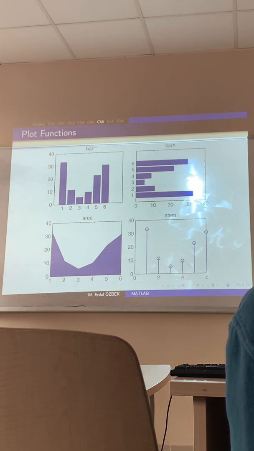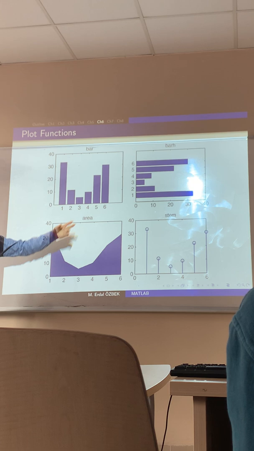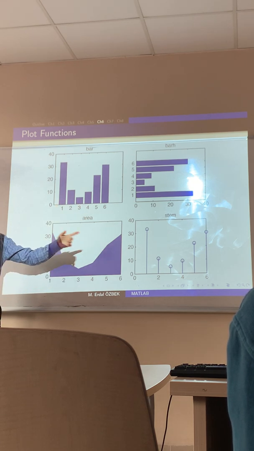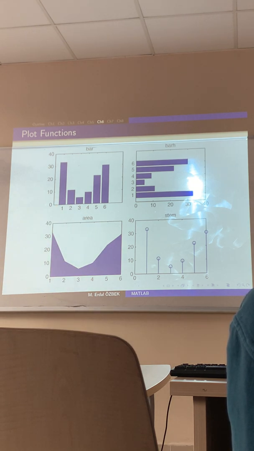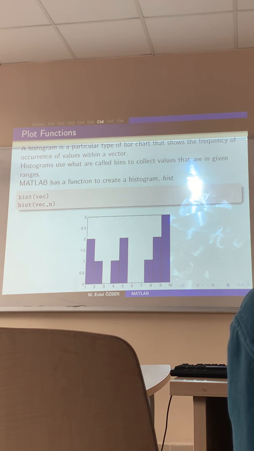So I have a 2 by 2 subplot, and each can be plotted as a different function. Bar, horizontal bar, area or stem functions can be plotted. So we have the histogram as well. How do you create a histogram? If you don't do anything, the default is 10 bins. If you write the n, it will be plotted.